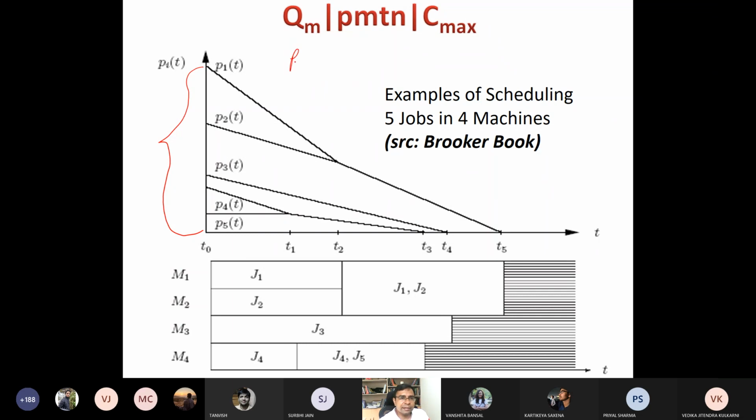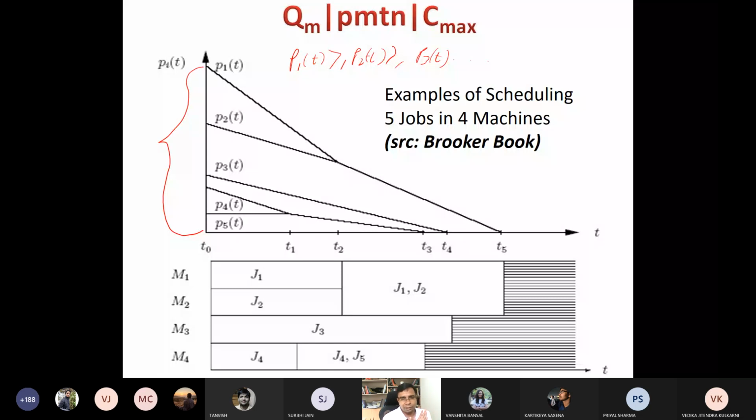Clearly in this case, P1T is greater than or equal to P2T, and so on, sorted longest first. P1 has the highest execution time, P2 the next longer, P3 next, P4 next, and P5 next.